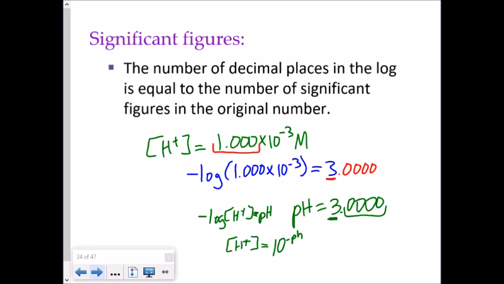So let's try another example. Say the hydrogen concentration is 3.24 times 10 to the negative 9. What would that pH be in the correct number of significant figures?